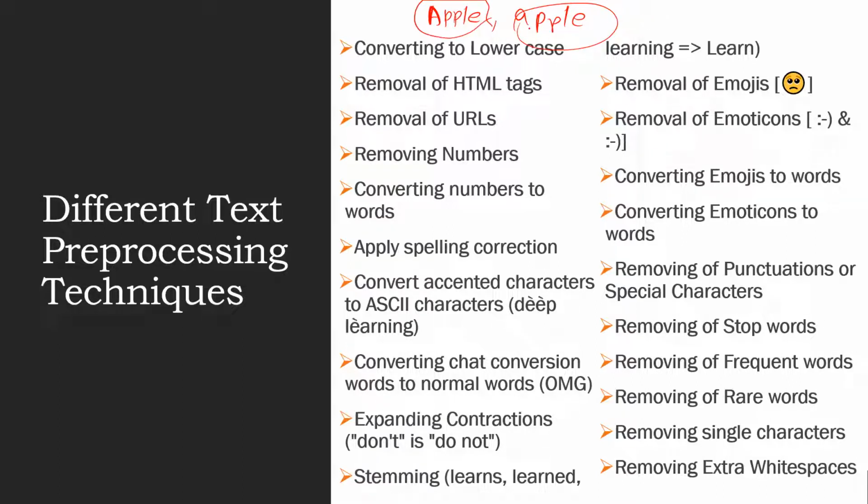Let's say someone writes a word where the last letter is capital. The computer decides this one is a different word, this one is a different word. To avoid these things, we convert the entire paragraph into lowercase. So everything is in lowercase, and there is no problem. That is one pre-processing step.